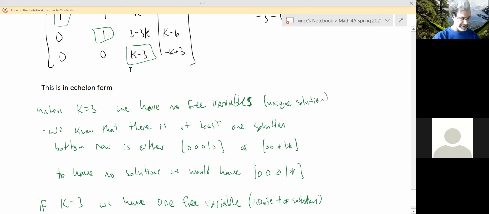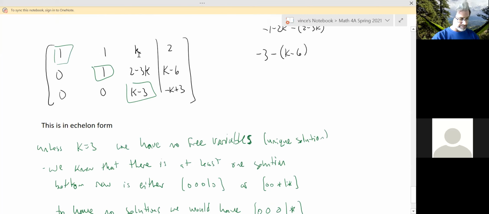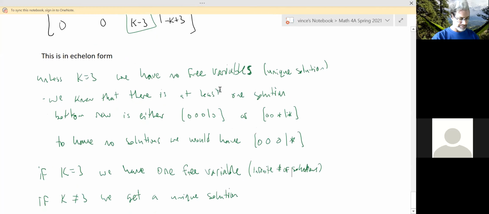All right. So when k is equal to 3, that bottom row all goes to zeros, and you get your free variable. The z would be the free variable. The third column would be the free variable in that case. If we want to, we could write down the solutions in terms of z when you have that k equal to 3 case. Otherwise, you're just going to get some numbers for x, y, and z. All right, unique solution. So that's the type of thing they're going to ask you on those find the k problems.